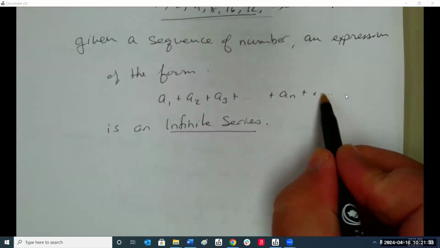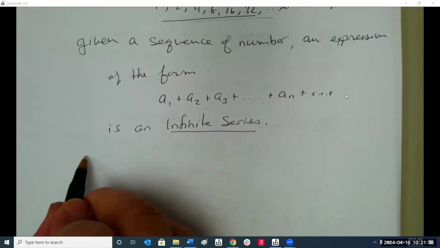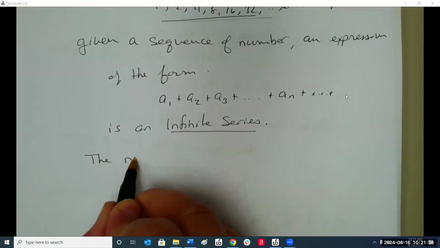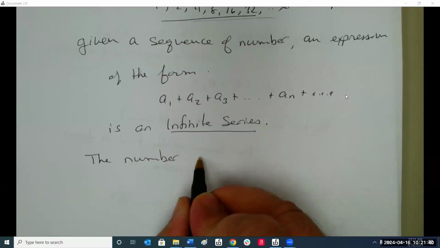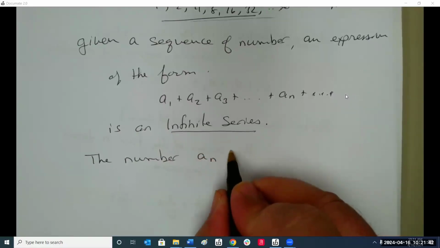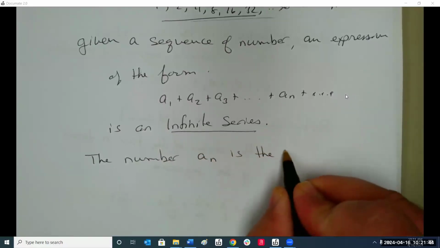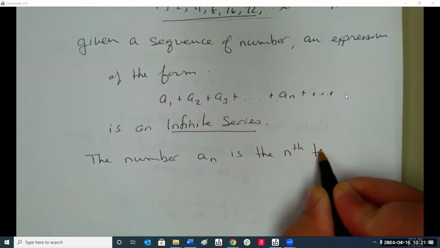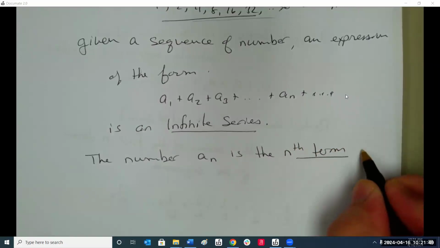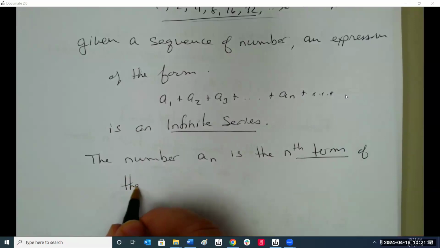It keeps on going forever. The number a sub n is the nth term of the series.